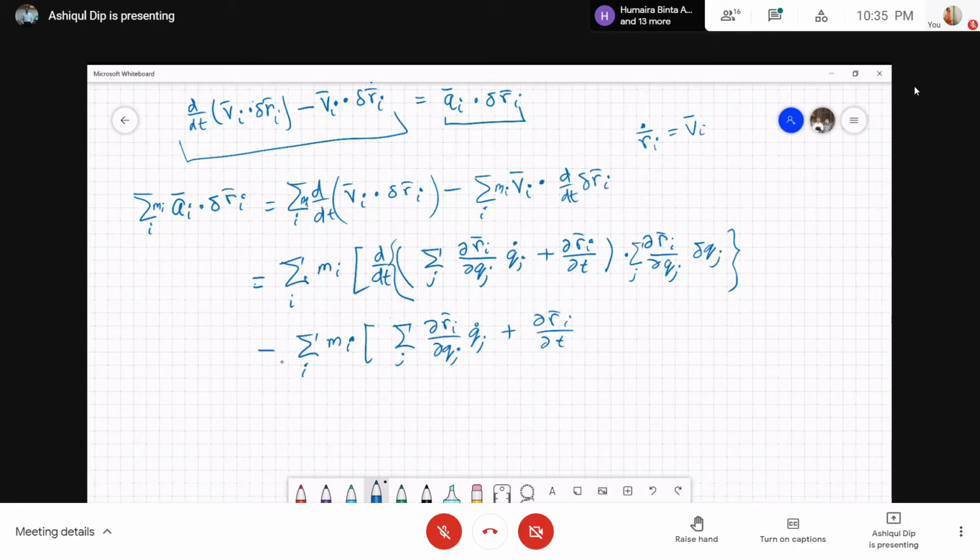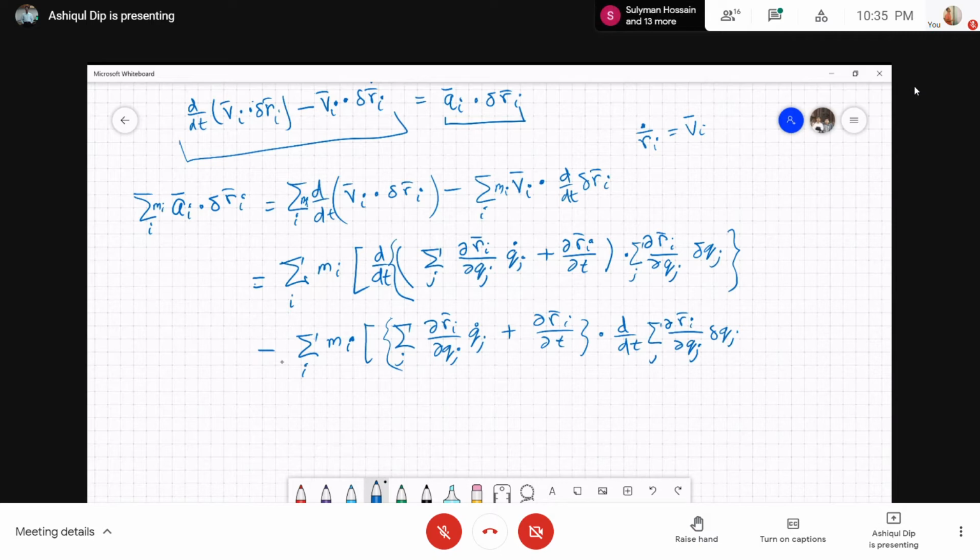This thing now again dotted with d/dt of the variation of r, which is delta r_i by delta q_j, variation of q_j, sum over j.